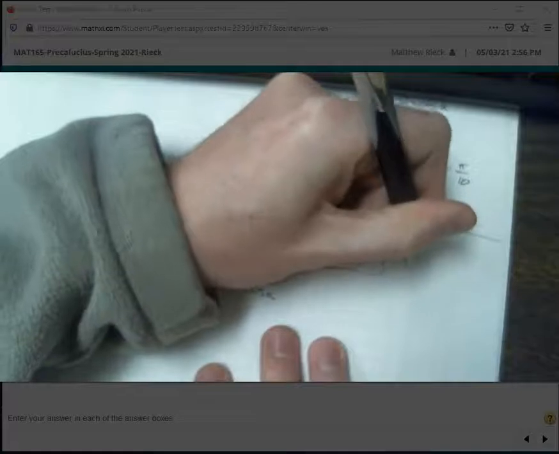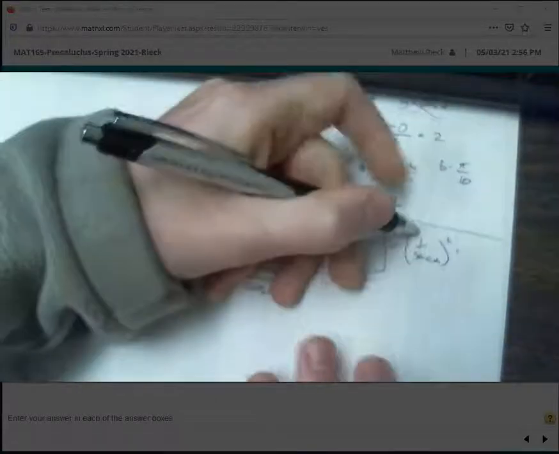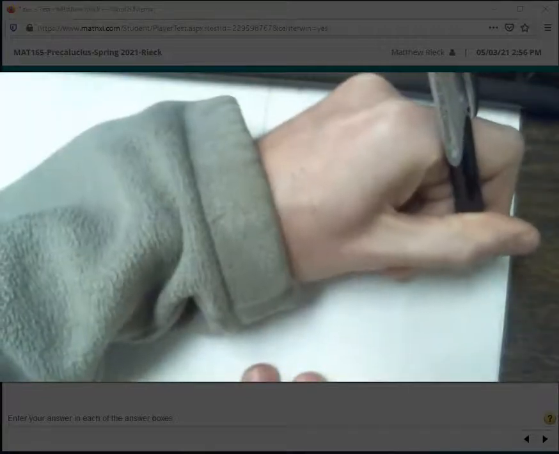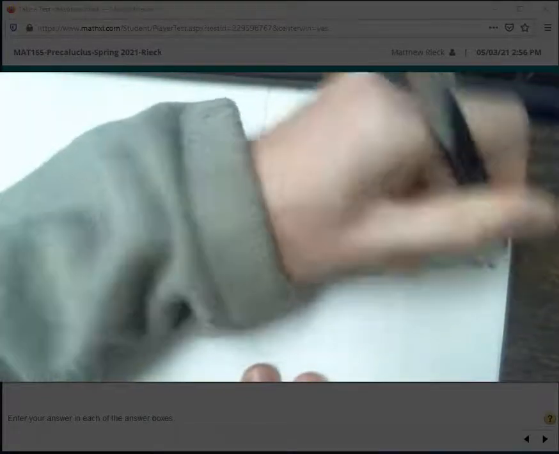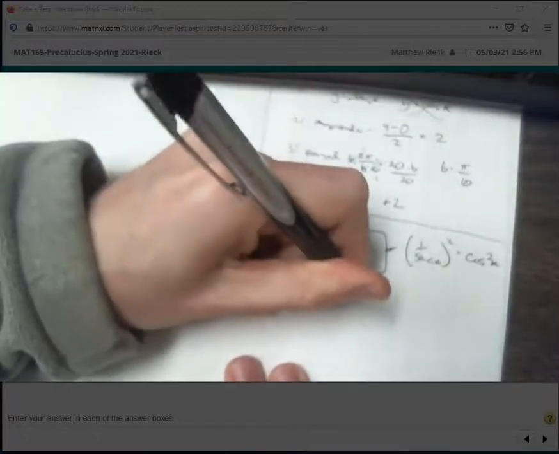That's the same as 1 over secant of x squared. The secant is 1 over the cosine, so 1 over the secant is going to be the same as cosine. So we have plus cosine squared of x.